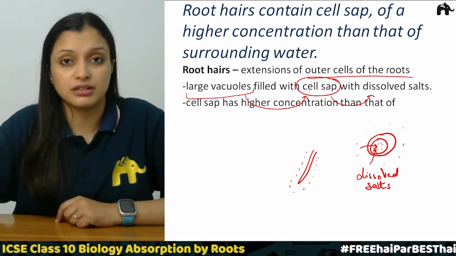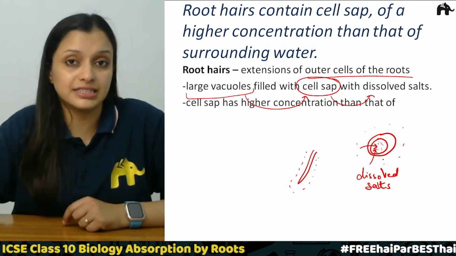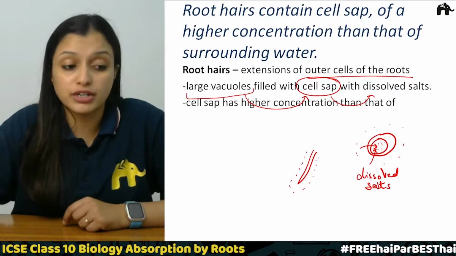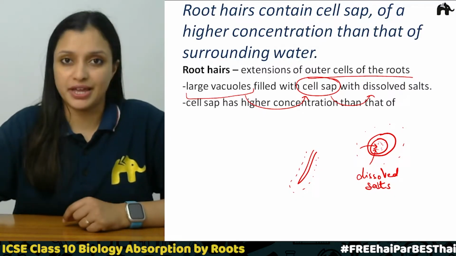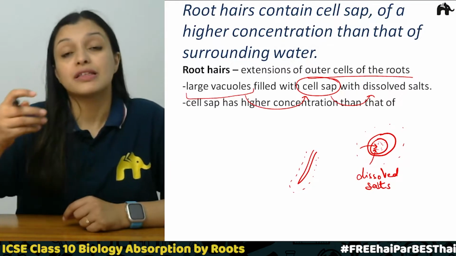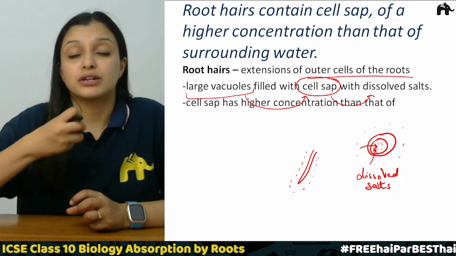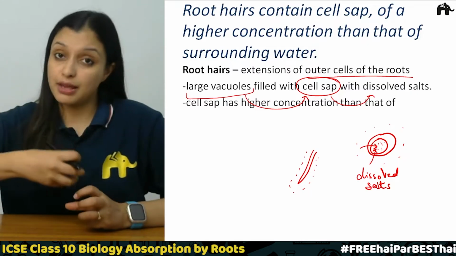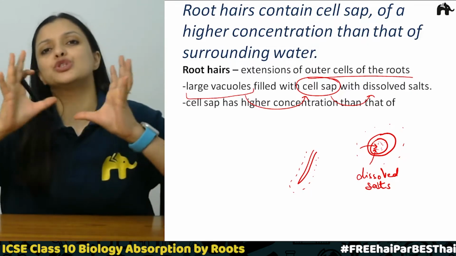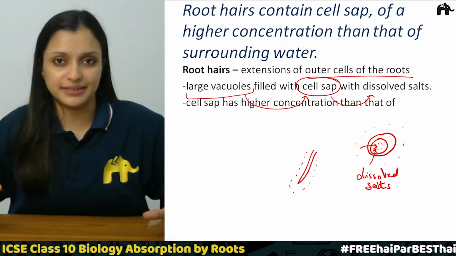Water molecules are less inside the cell sap, right? So the water from the surroundings will move into the root hair. So this is how these root hairs are able to absorb water and send it to different parts of the plant.